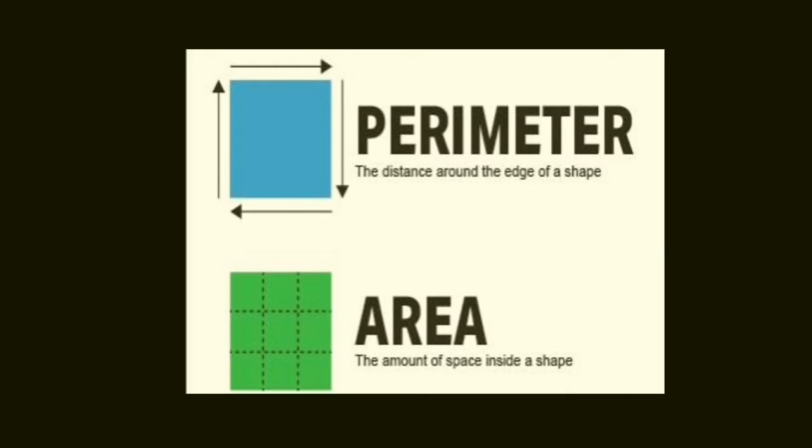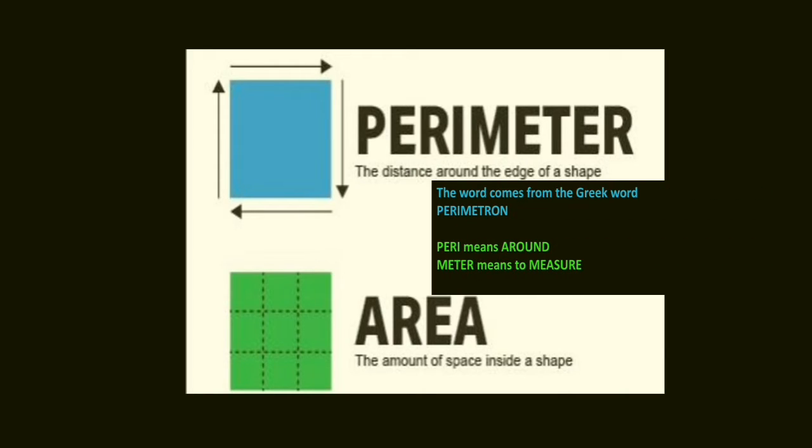The amount of space inside a shape is called area. Fine. And before moving on to the topic, the word perimeter comes from the Greek word perimetron. Peri means around, meter is to measure. So from the word perimetron, that is measuring around the shape, it is called perimeter.